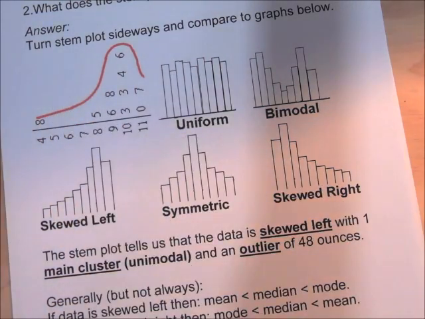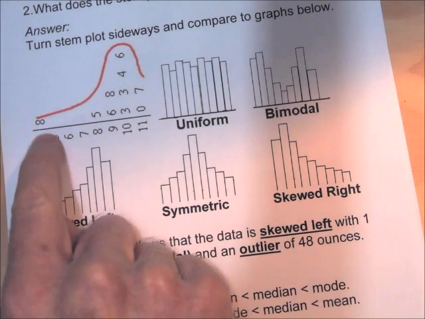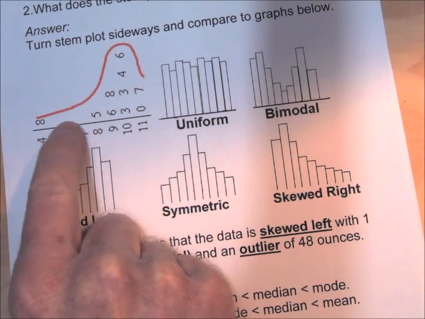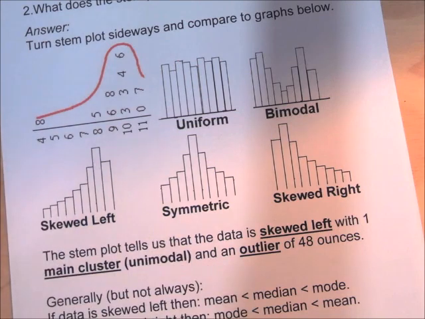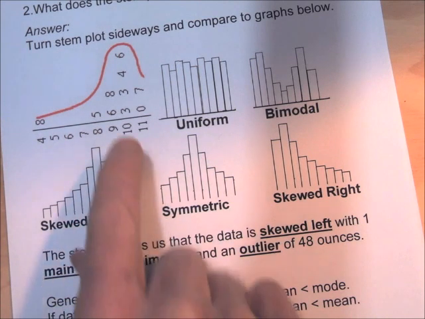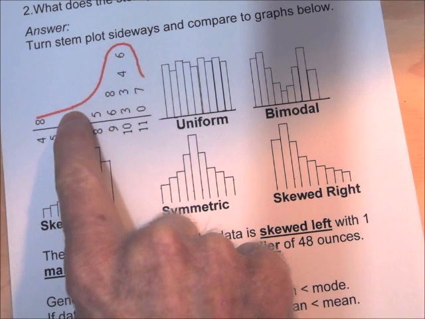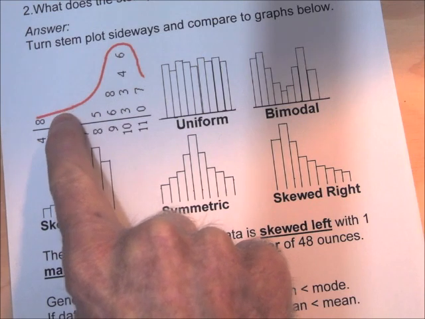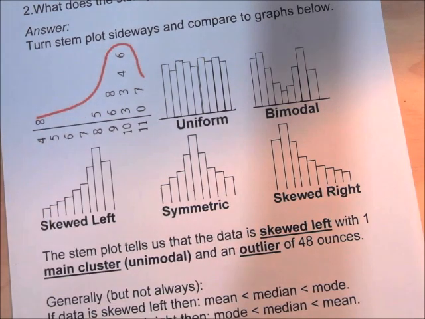We have a long tail on the left. This is sometimes called skewed left, and this 48 ounce baby is pretty far from the other data, so that could be considered to be an outlier. So we have one main cluster, and it's skewed left with an outlier of 48 ounces just from the graph. There's more precise ways of determining outliers, but usually we'll just look at the graph and eyeball it.